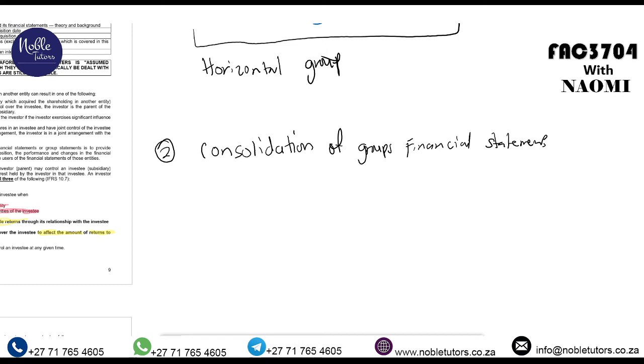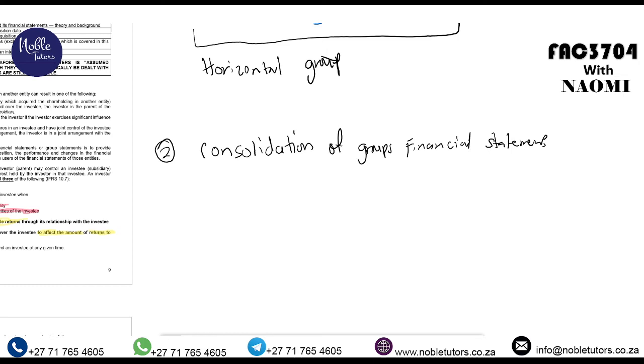All right, guys, this is just at an introduction level. I'm going to go deep into consolidation. In fact, consolidation is FAC3704. That's what we do most, okay? I'm going to go deep into it, but for now, I just want to introduce consolidation.